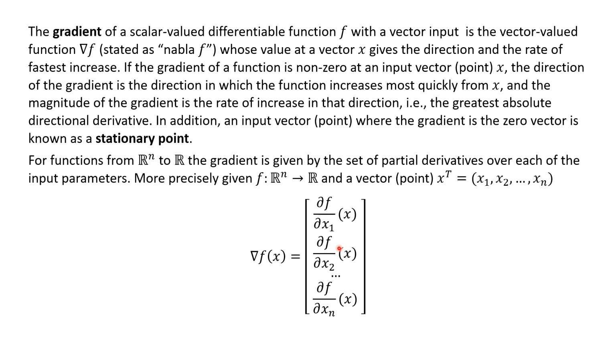And then the gradient is on the right here. It's the partial derivative with respect to x1, x2, all the way down to xn, evaluated at the input vector x. So you get a vector, it has a direction, and it has a magnitude. I have an example in the next slide, which I'll show you.